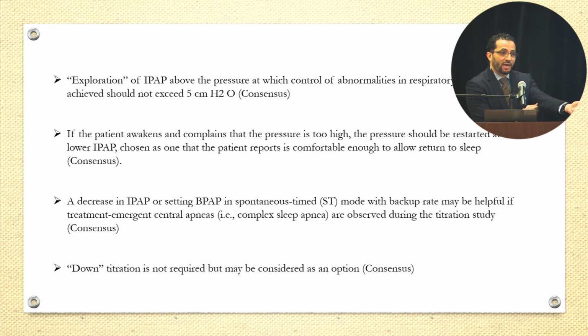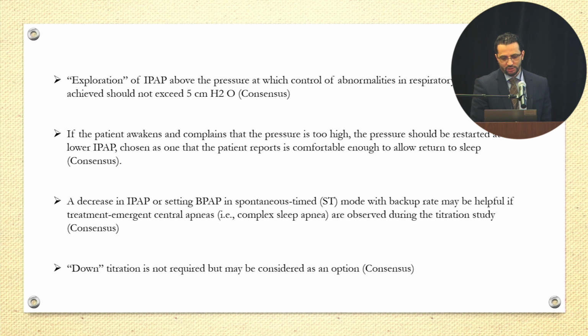You could explore increasing your IPAP again and see if your patients sleep better that way, because they noted there's some increased resistance of the upper airway even after eliminating the events. But don't do more than 5 centimeters of water of that. If your patient wakes up complaining of high pressure or was uncomfortable sleeping with the higher pressure you reached, you can go down on the pressure until your patient is comfortable enough to go back to sleep.